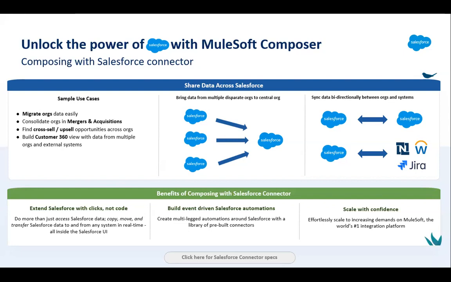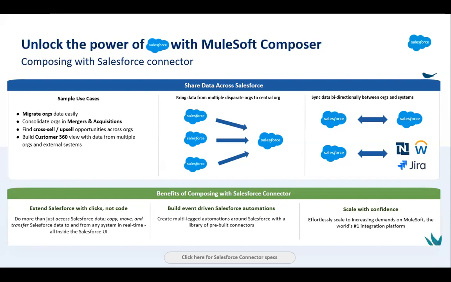You have a system in Europe and a system in North America, and now you would like to merge these two systems over a specific period of time. All you have to do is connect these two systems and migrate the data of one into the other, which can be achieved easily through MuleSoft Composer.